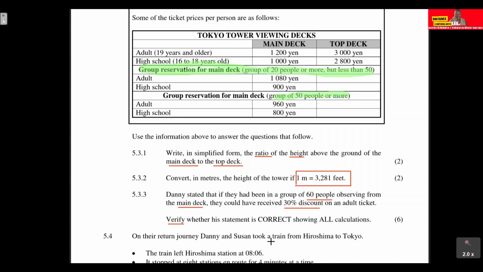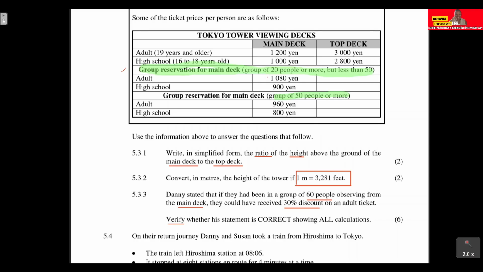So how can we verify whether his statement is correct? What we're going to do with this question is start off by determining how much a person actually pays if they go as a group. We already know that they're going as a group of 60 people. So we need to determine from the information given in this table how much an individual person would pay if they go as a group of 60 people.